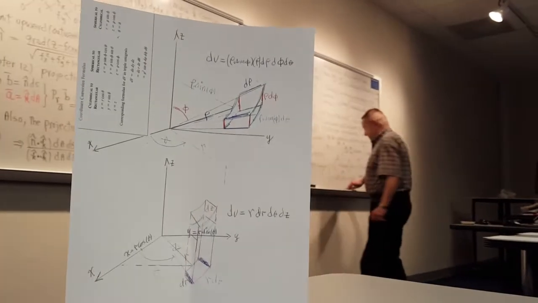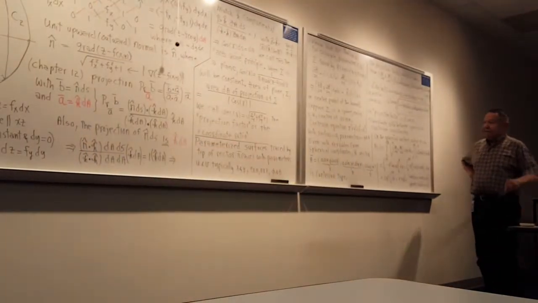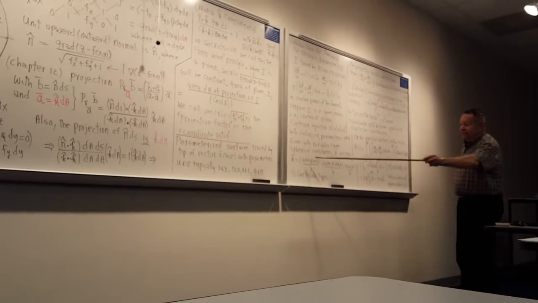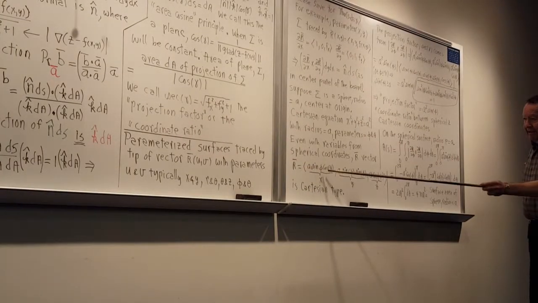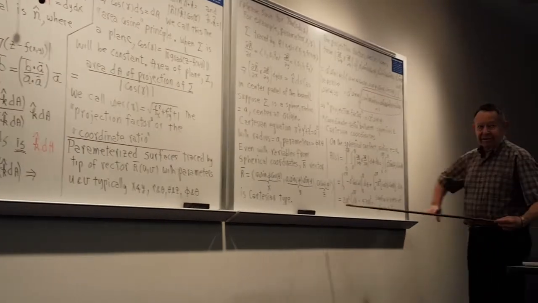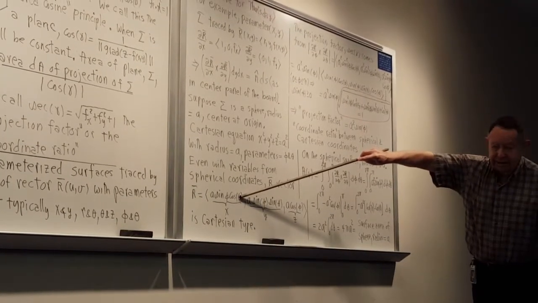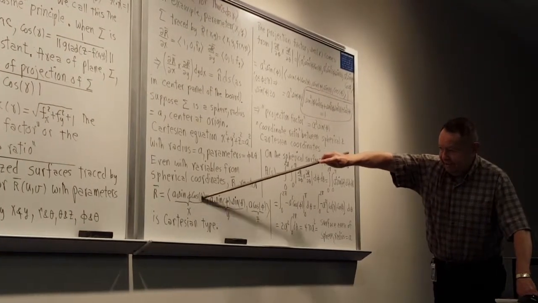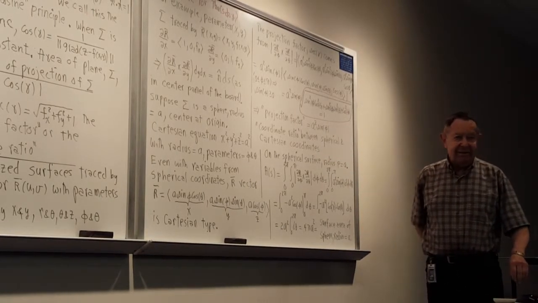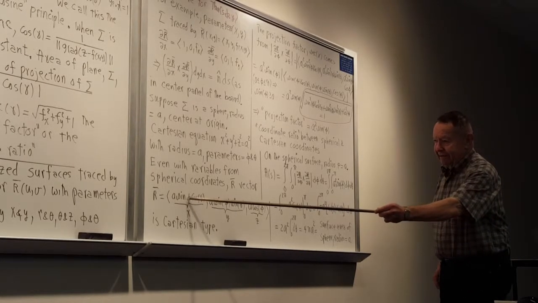Well, now, what I'm trying to show you is that that's related to this business of taking the partials of your parameterization vector capital R with respect to each of the two variables that you're actually using, which are the phi and the theta, and doing their cross product and taking the magnitude of that. So here's my R again.